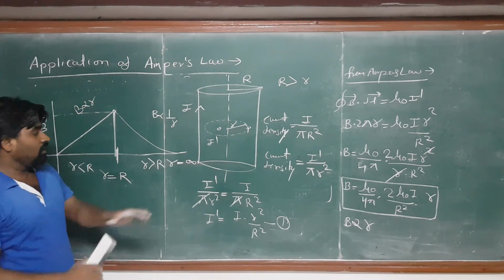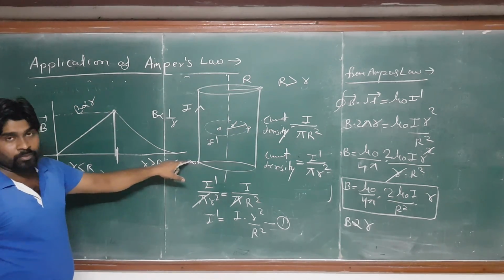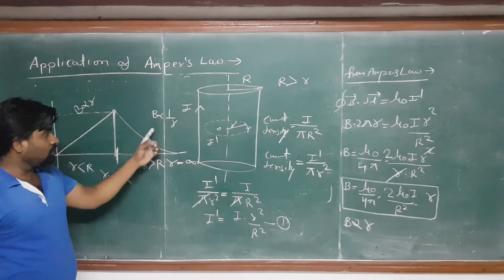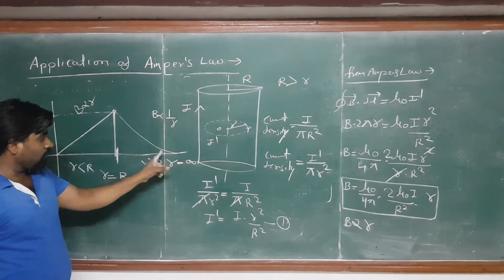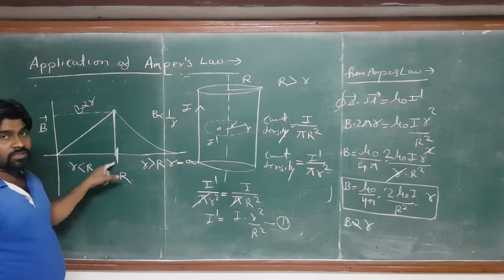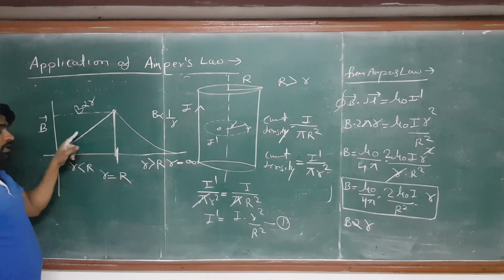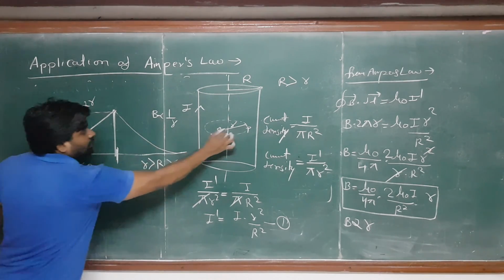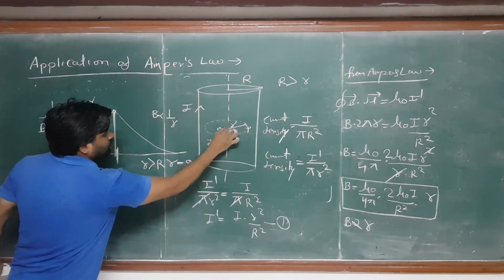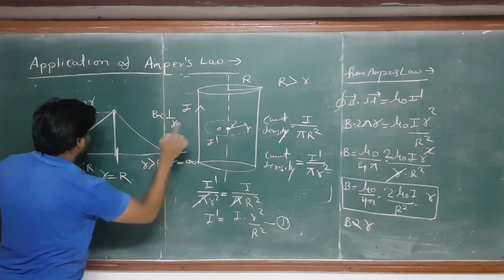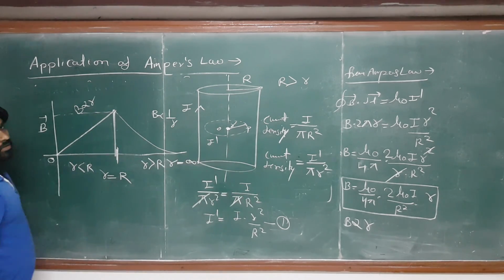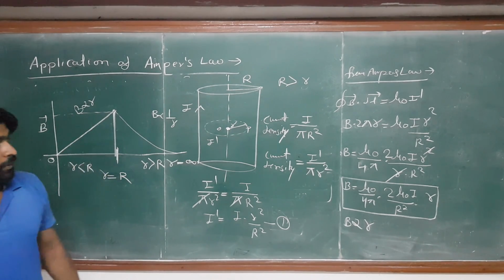So in the graph, at infinity the magnetic field is 0. On coming closer, the inverse relation works, so the graph goes like this. At the surface it becomes maximum, and when it comes inside, it decreases continuously. And at the center, when the point P reaches the center, r becomes 0 and B will also be 0. Okay? Thank you. Note it.